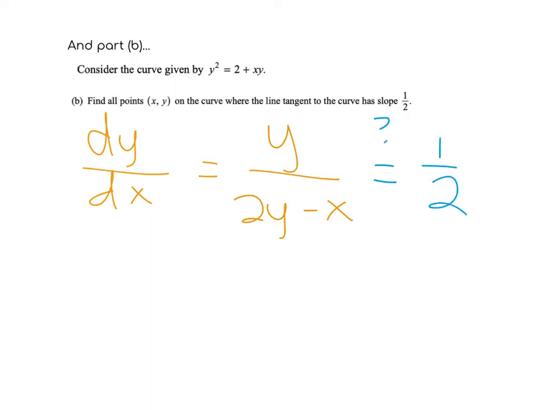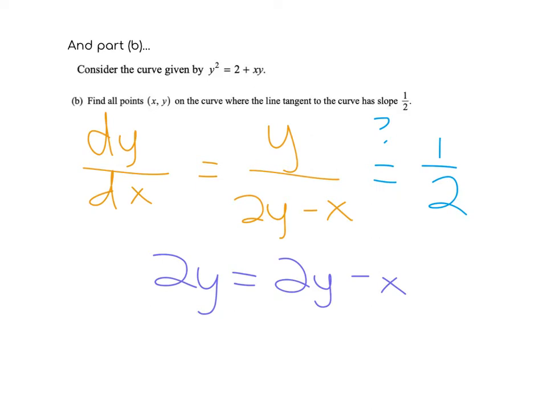And let's go ahead and do some algebra. I'll write it as 2y, multiply both sides by 2, and multiply both sides by 2y minus x. So that is when x is 0. So that's one place that will work.